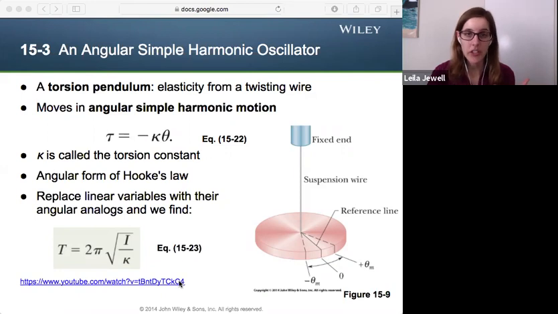You can check out this YouTube link to see there are clocks made on this principle. They're known as Atmos clocks. Very expensive clocks because they're very fancy, very precise. But it twists through a ton of degrees for about 30 seconds before it starts to twist the other way. So there you have it, an angular simple harmonic oscillator.